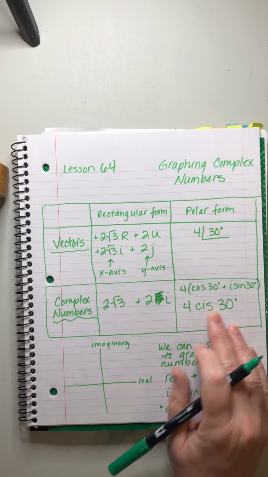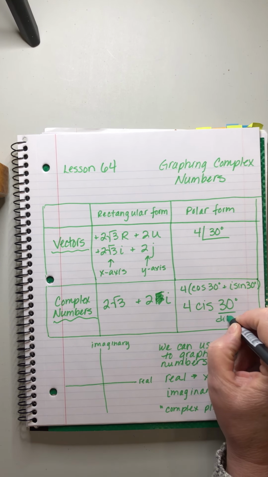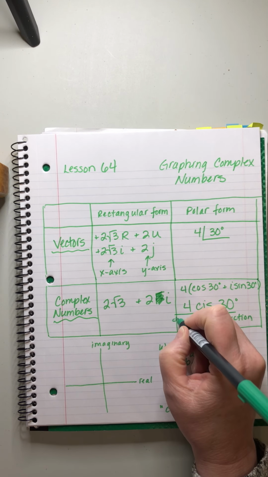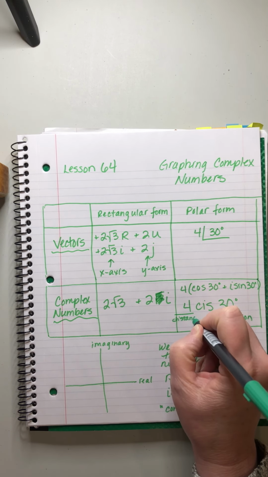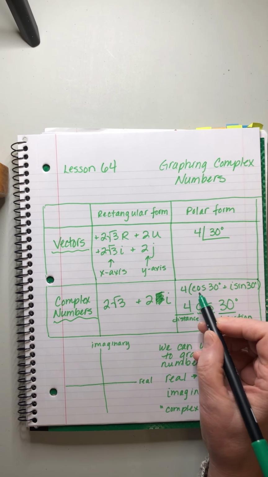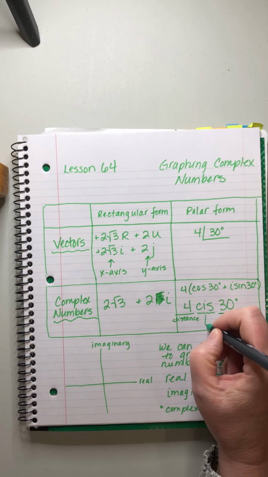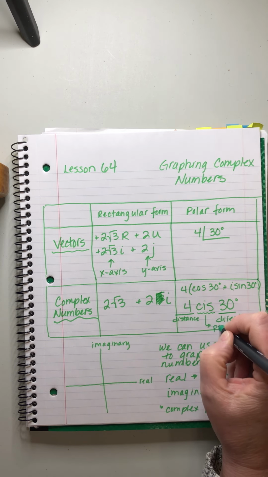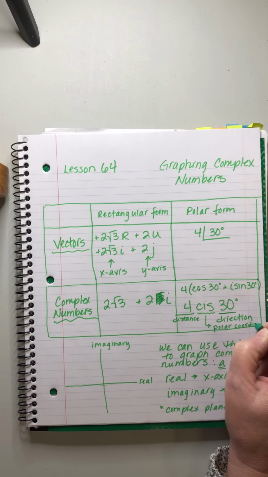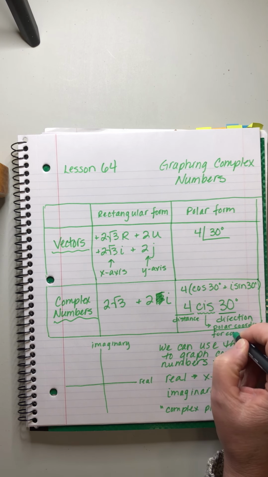Now, this represents the direction, and this represents the distance, and this CIS thing, which stands for cosine plus I times the sine of, is just your big fat clue that it's a polar coordinate for complex numbers.